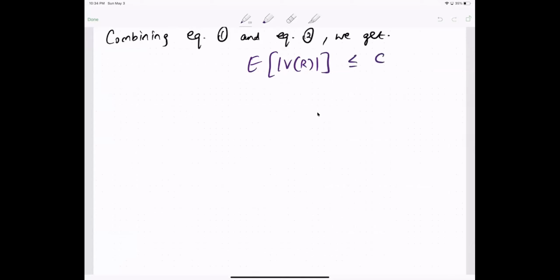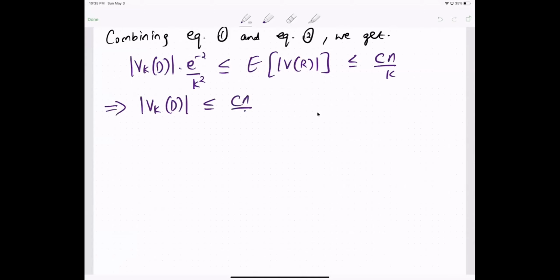So this was one of the things we proved, and this was the other thing that was proven. Now we just have to combine the extreme statements here. It says Vk of D will be at most C n k times k square, ignoring all the constants. This is just Nk, and we are done.